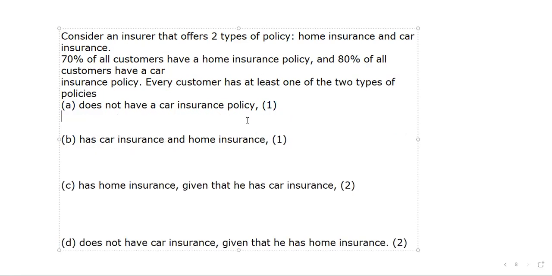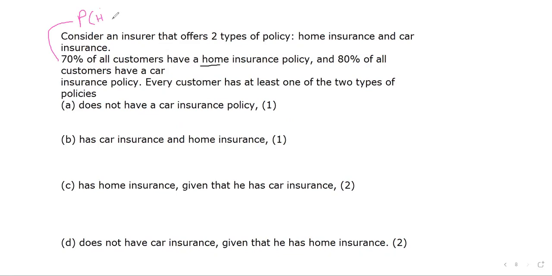So we are told that an insurer has two types of policies: home insurance and car insurance. So 70% have a home insurance, so you can start tabulating the information. So we can say H to be probability of H. So 70% have what? Home insurance. So probability of H is 0.7.